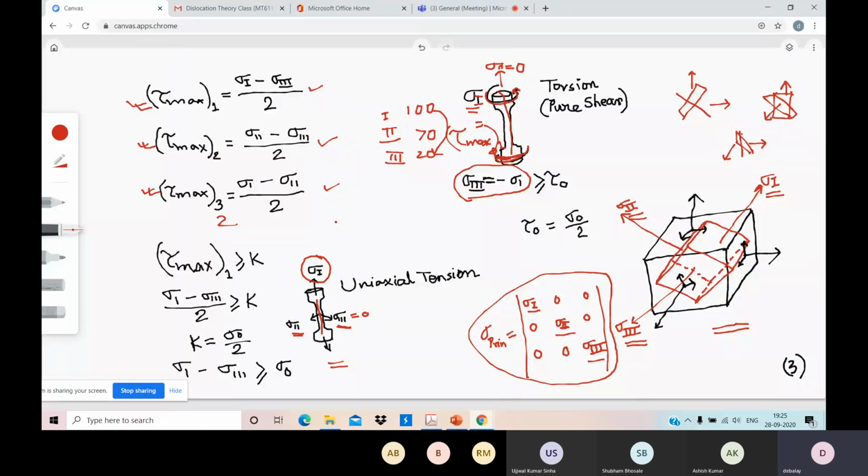And all this derivation I am doing is based on a concept which is called continuum mechanics. So dislocations and other things do not come into this. This is a mechanistic concept, pure mechanics, solid mechanics, continuum solid mechanics. No atomistic consideration is coming in this calculation.